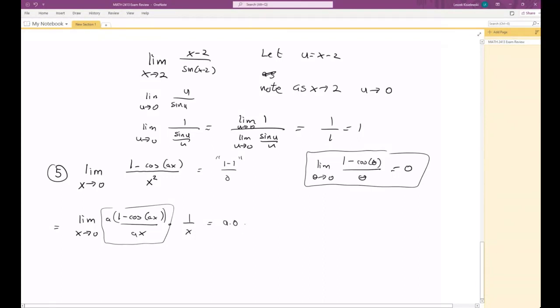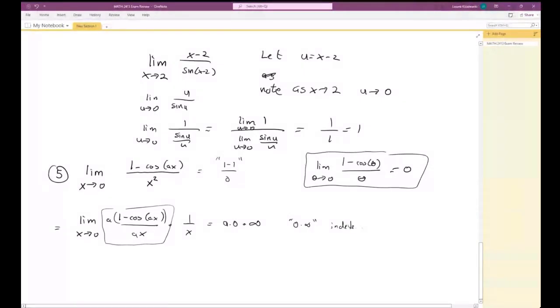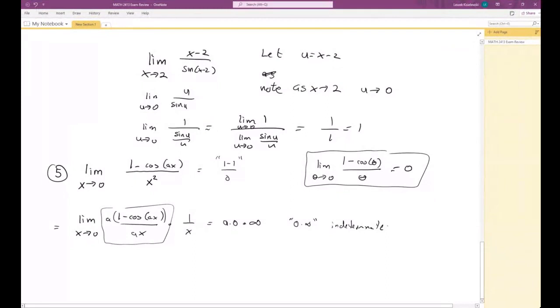And 0 times infinity, is that any kind of arithmetic we know how to deal with? It's not like the arithmetic of numbers. It's really a limit thing, so this is still indeterminate. So 0 times infinity is indeterminate.